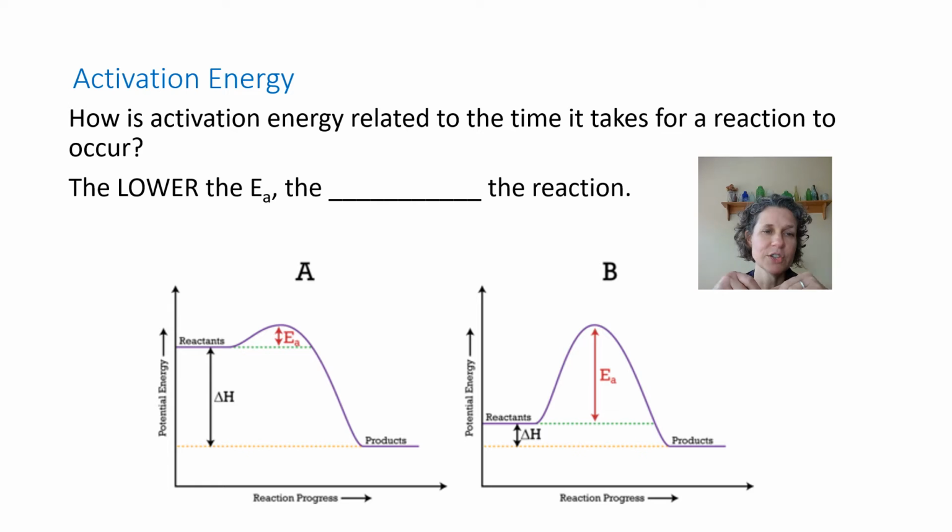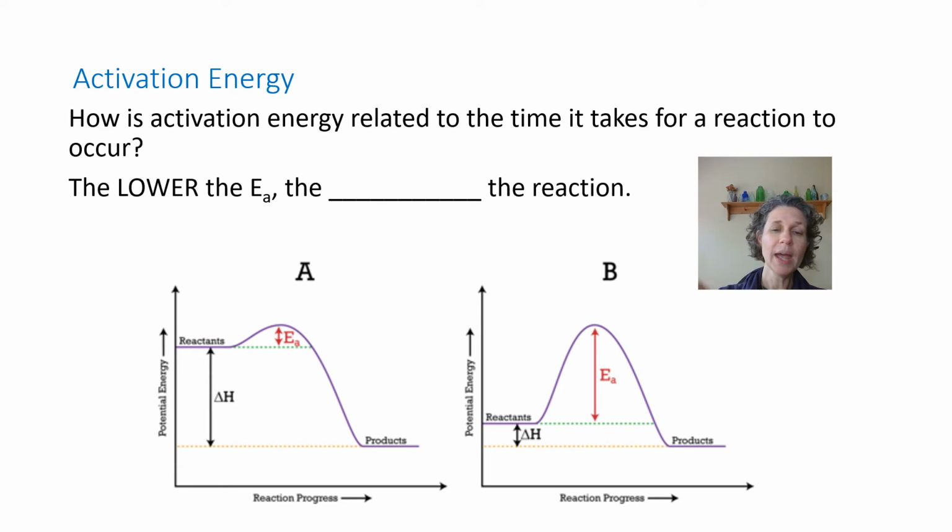Okay, so this activation energy. How is that part of the rate? It's kind of a visual thing, really. If you have the graphs, it's easy to see. But think about running up a hill.